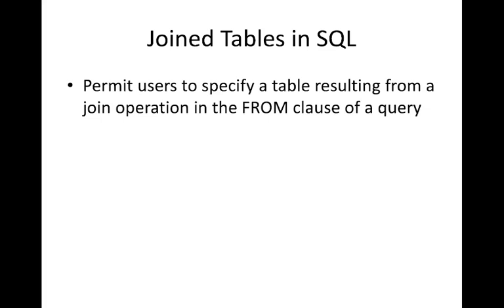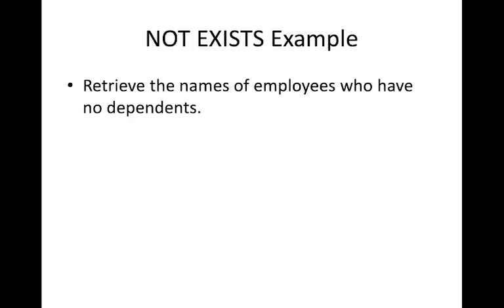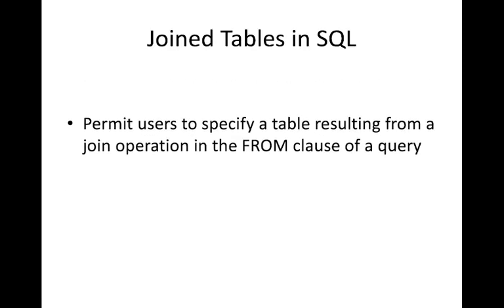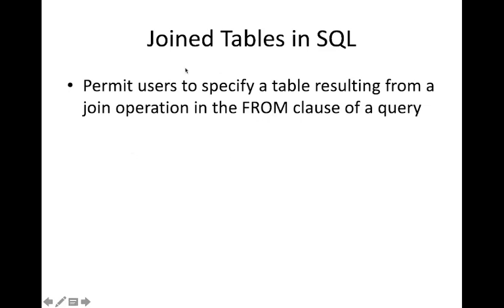Usually the from clause specifies a relation, but instead we can join two tables, and the result will be taken from that join of those tables.